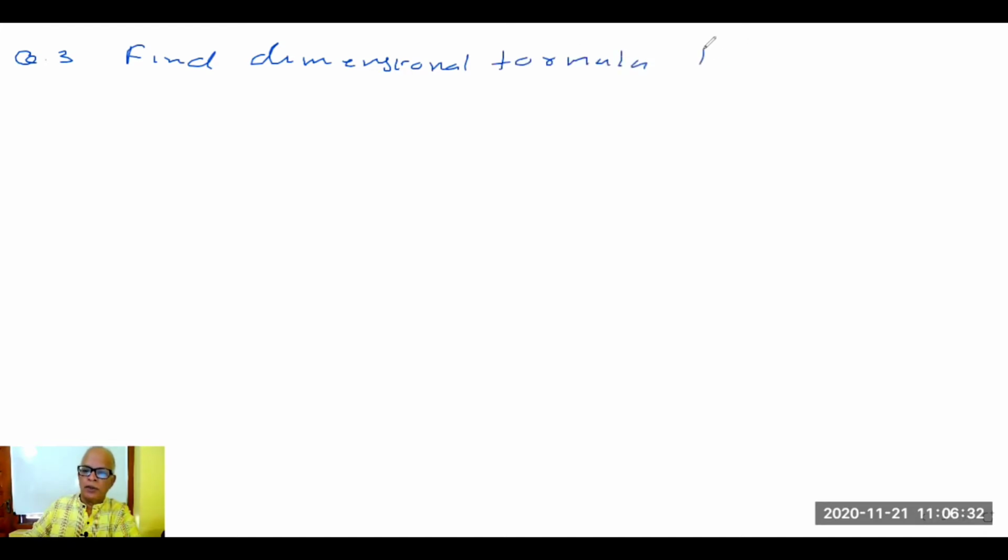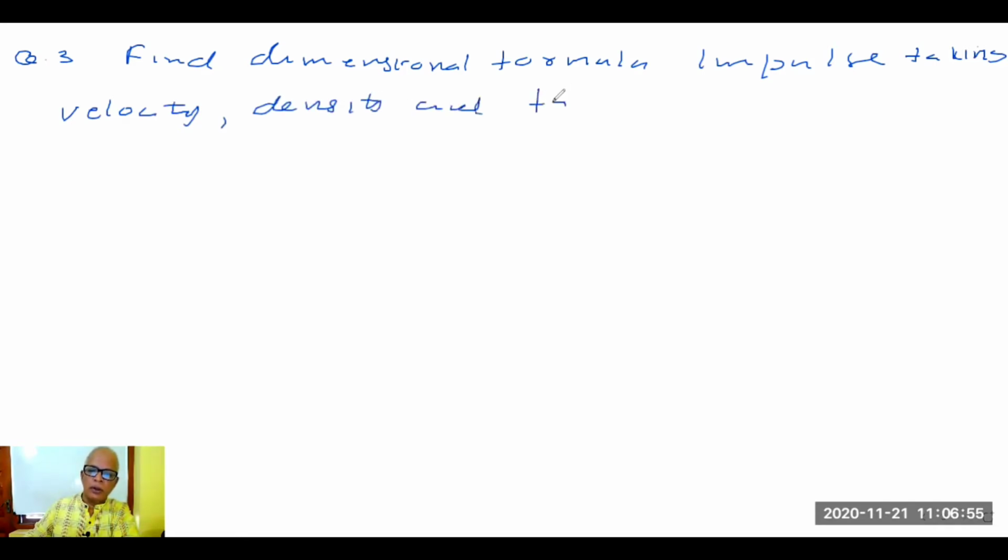Now, a very similar problem. Q3. Find the dimensional formula for impulse, taking velocity, density and frequency as fundamental quantities.